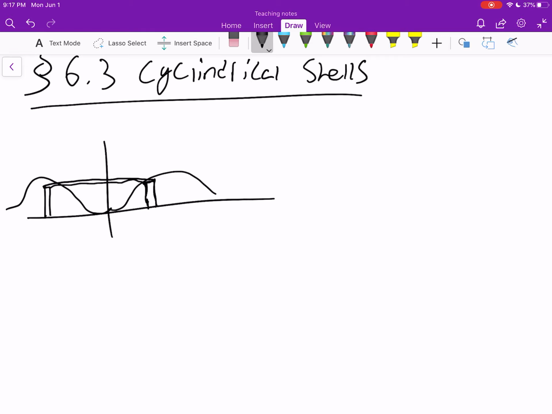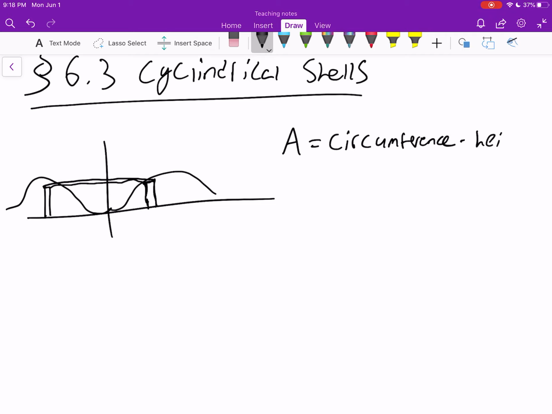So it's a hollow cylinder with this small thickness here. And so I can do my volumes in terms of that. And so my area then will be the circumference of the cylinder, so the circumference of the circle that bounds the cylinder.